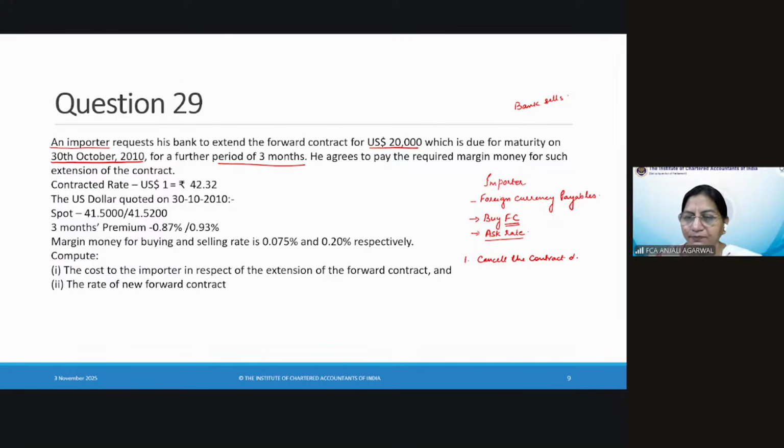Due on 30th October, and two, to quote for the extended contract by 3 months.